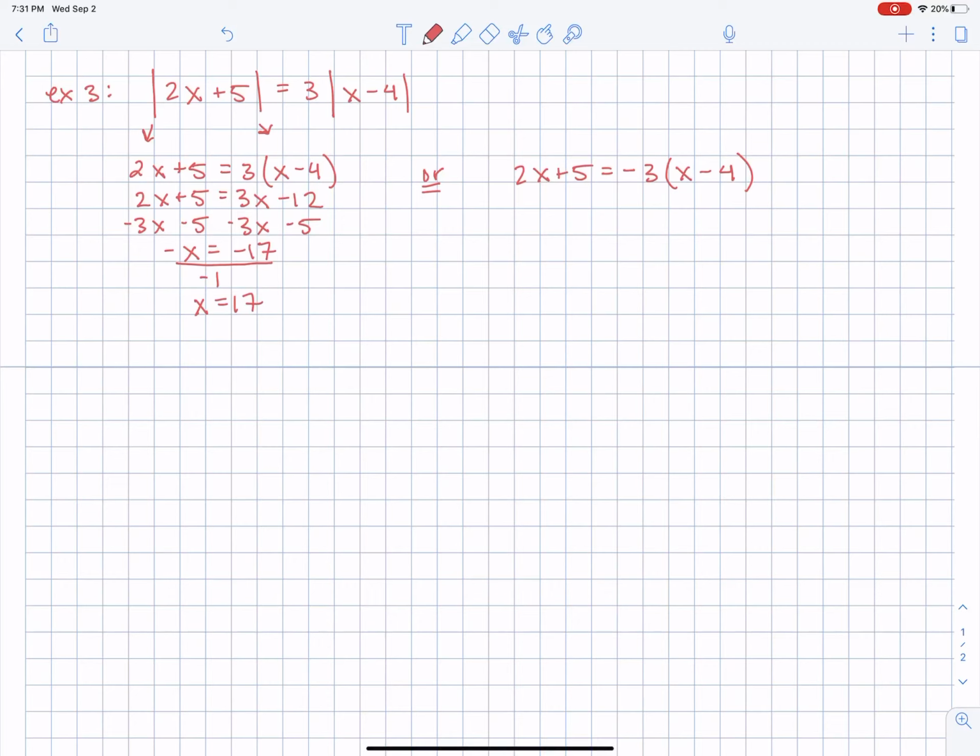So that's one answer. And then when you go over to the other side, you end up with a negative 3x plus 12. So watch your negatives there. So now when I add 3x and then also take away 5 here, we get 5x is equal to 7.